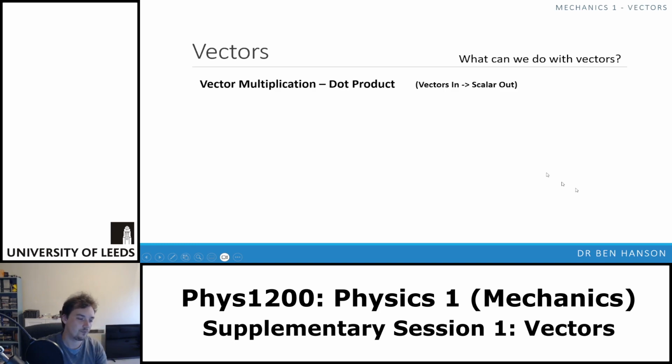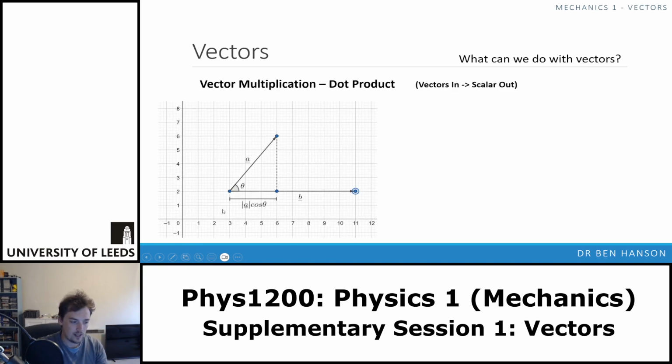Think about that. Here is the graphical representation of what the dot product really is.